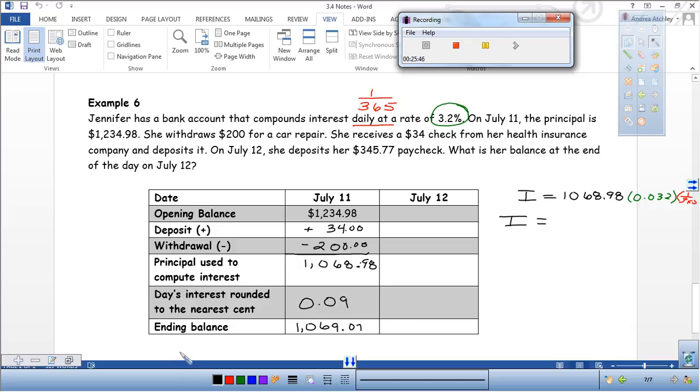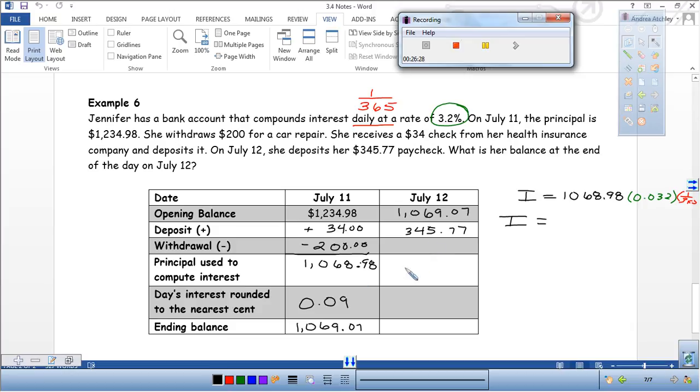Any questions over that? Now, July 12th, we have our opening balance, which was $1,069.07. Then on that day, she deposited $345.77.